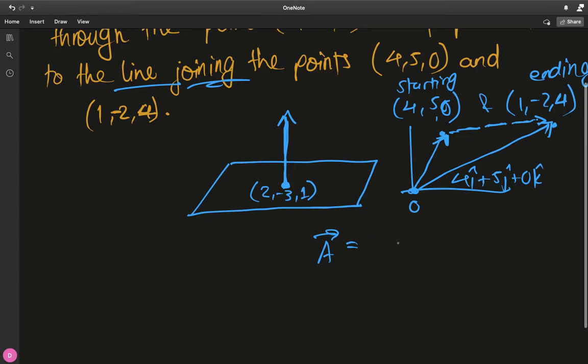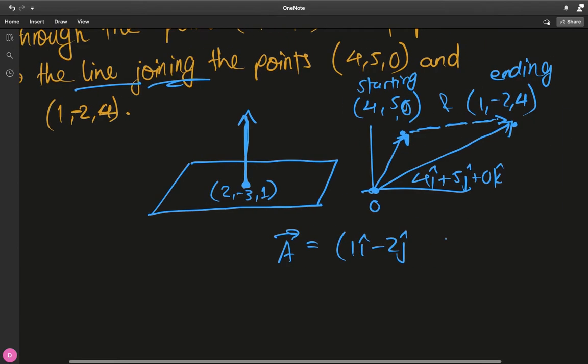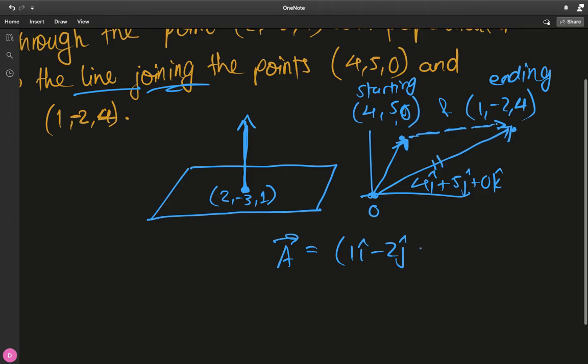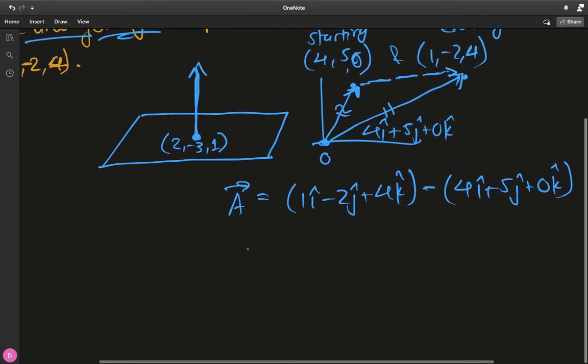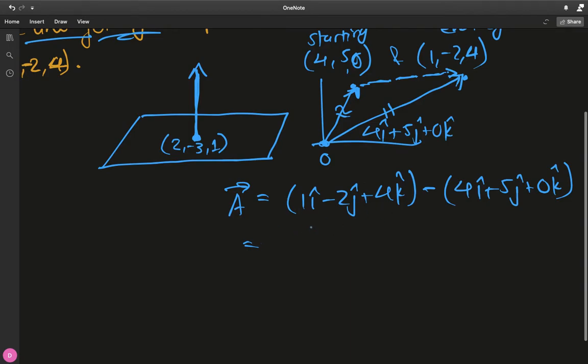The end point is 1i cap minus 2j cap plus 4k cap, minus the starting vector 4i cap plus 5j cap plus 0k cap, and by normal vector subtraction that is negative 3i cap, negative 7j cap plus 4k cap.